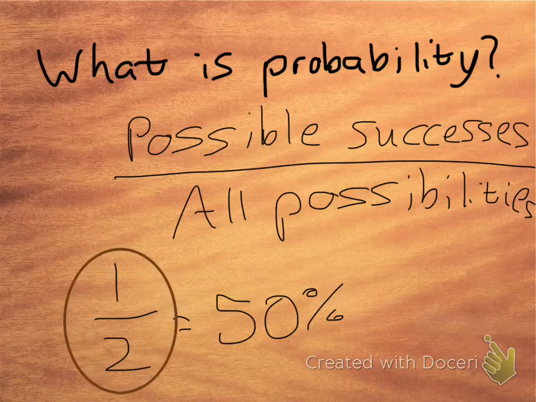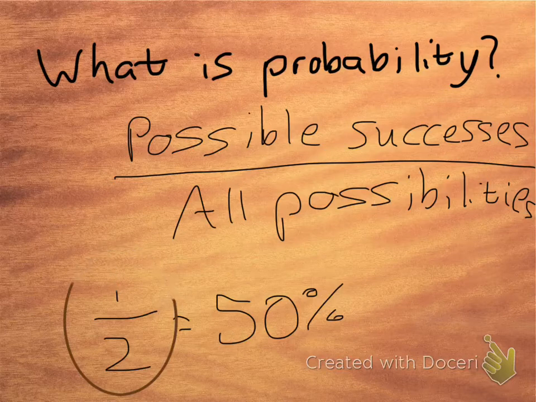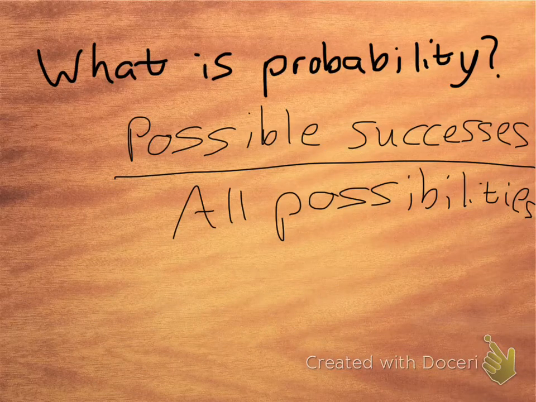Now, typically leaving it in fraction form like so is just fine. You don't need to change it to a percentage, you can just leave it as a ratio. So, just FYI. There's also a concept where, if I'm looking at the probability of success, the notation would be something like this.